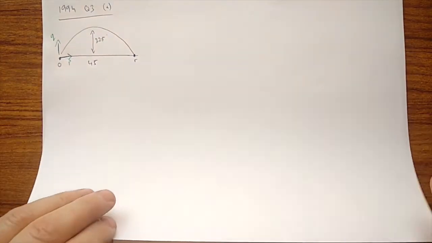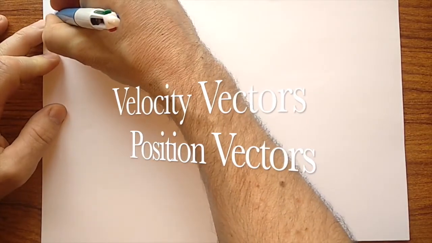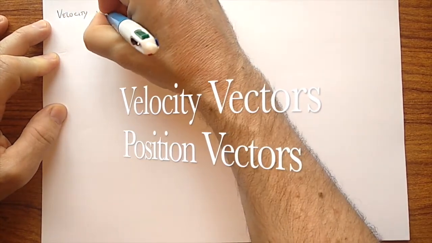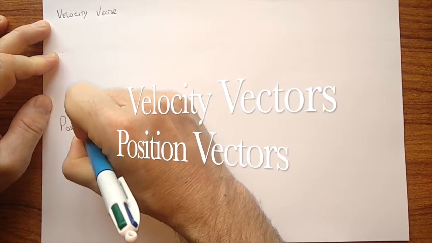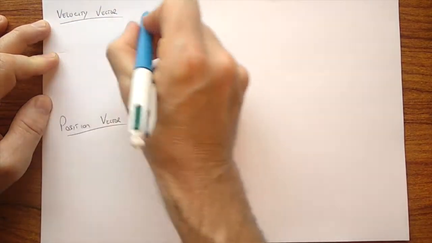So just in case you're not used to these ones, we'll just do a quick aside to velocity vectors and a position vector. If you know what these are, feel free to skip ahead until the other page comes back.